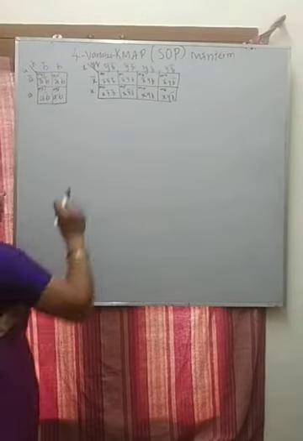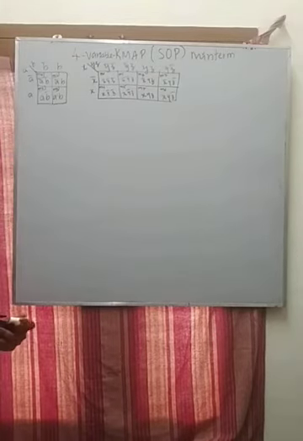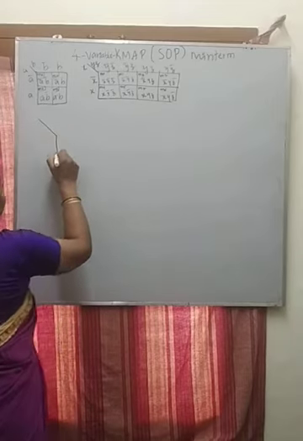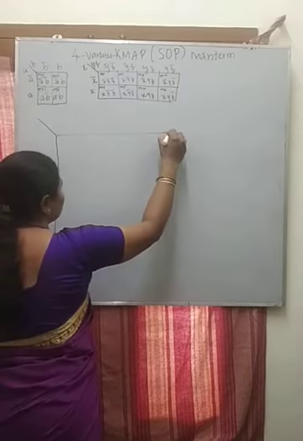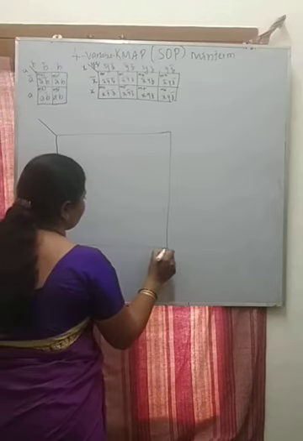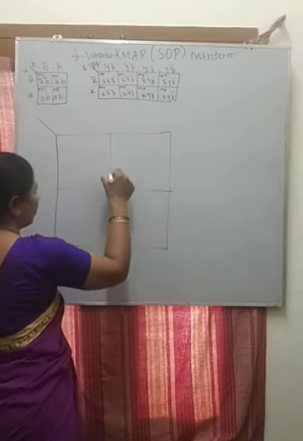If we add another 2 rows to this, then it is your 4 variable KMAP. In your classwork, while copying, please draw squares, exactly each cube with a square.